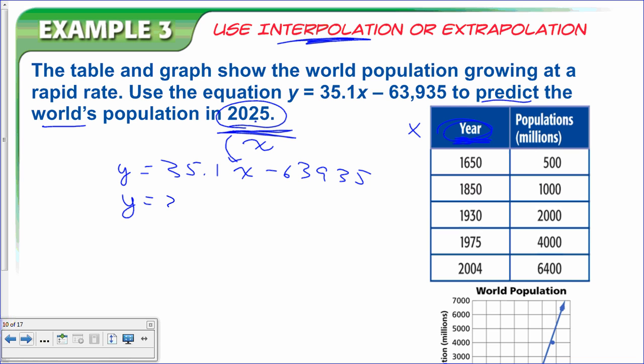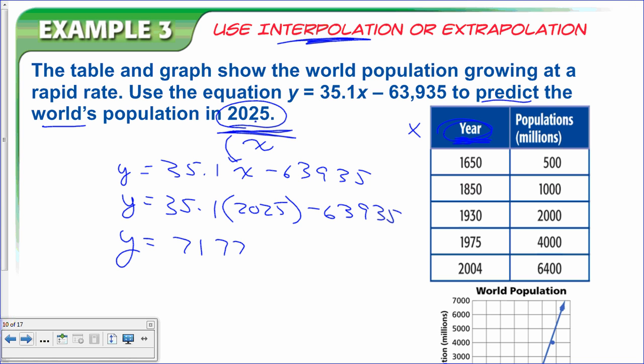So y equals 35.1 times that. What does that end up giving me? 7,114.5, 7,114.42.